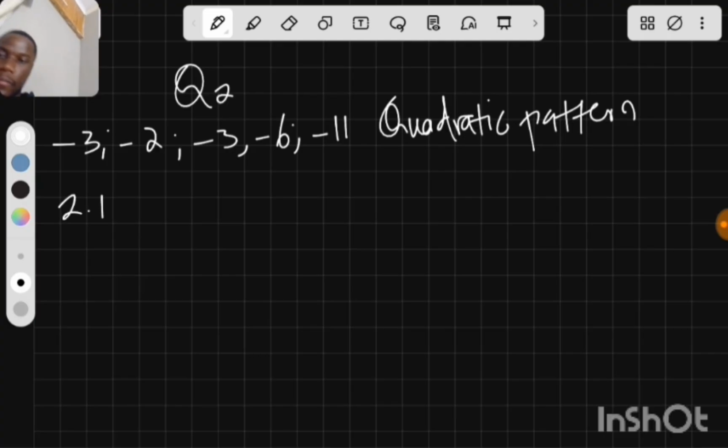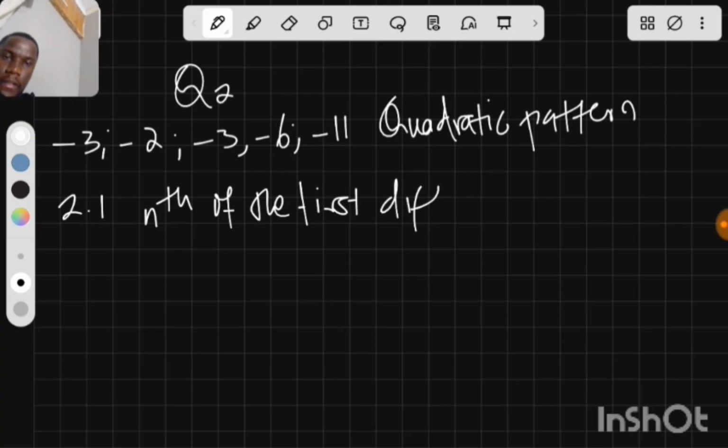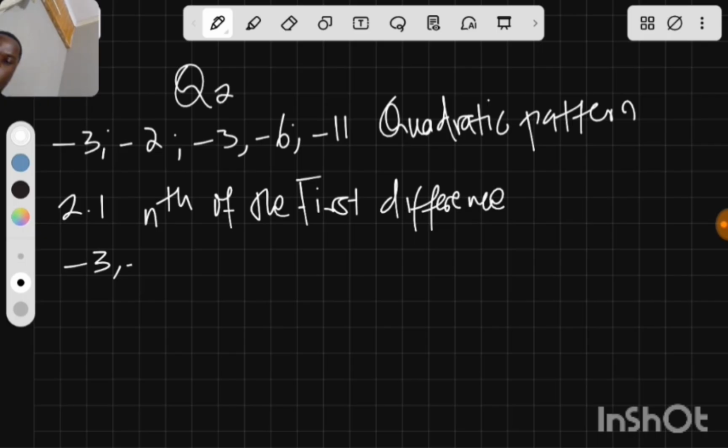Question 2.1 says determine an expression of the nth term. We want the nth term of the first difference. And always know that the first difference is the linear graph, always. Then we have minus 3, minus 2, minus 3, minus 6, minus 11.